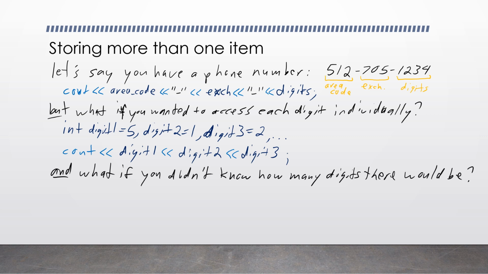Or if instead of saving digits in a number, we were saving grades in a class you were taking, and you wanted to calculate your average homework grade. Each time you run the program there are more grades than last time, because presumably you keep doing homework and getting new grades. I don't want to recompile the program every time we have a new number of grades, because we had to type grade1, grade2, grade3, grade4.